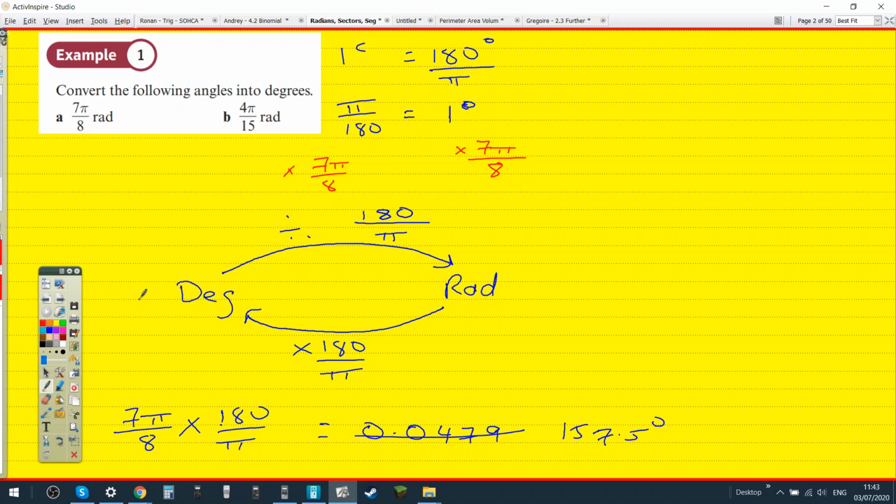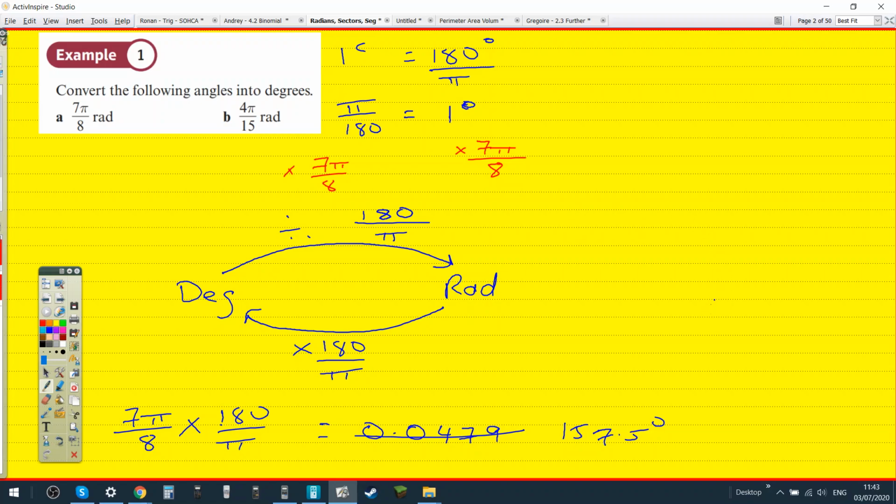So now I need to do 4 pi over 15 divided by pi over 180. Yeah, that'll work. And I got 4.